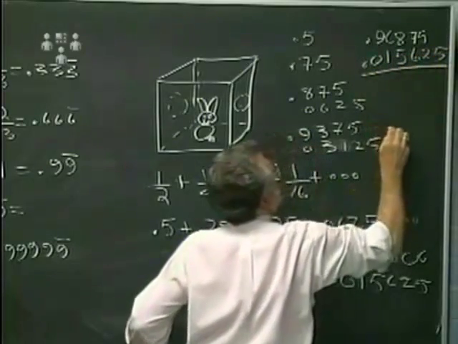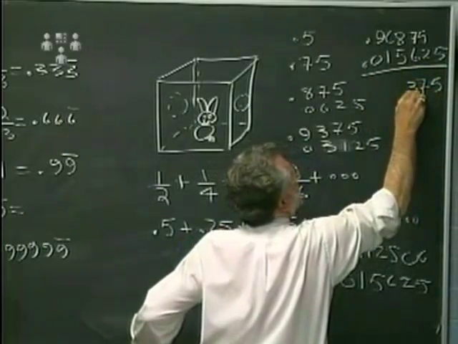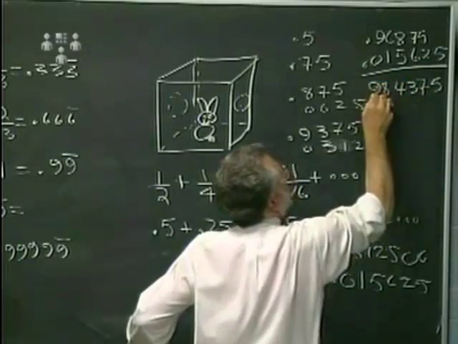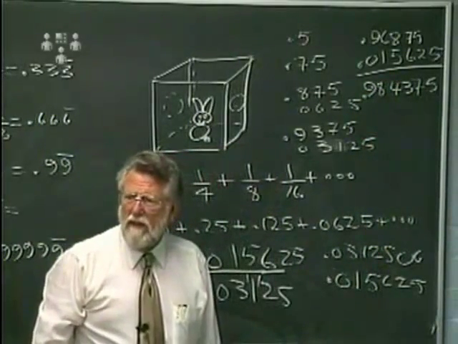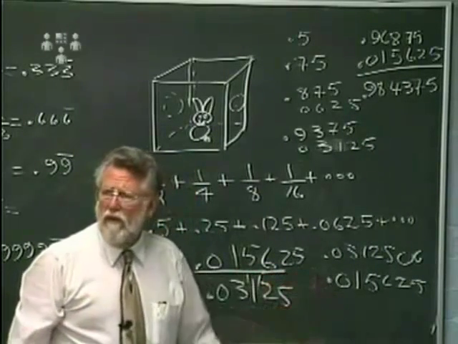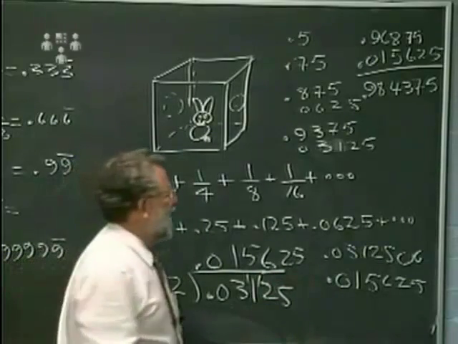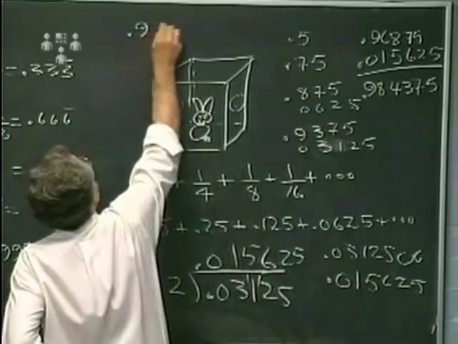And what is that becoming? Well, I have a 5, a 7, a 3, a 14, an 8, and a 9. Is it approaching something? Well, next move, I divide this by 2 for the time for the next move. The decimal we are approaching is going to be this decimal.